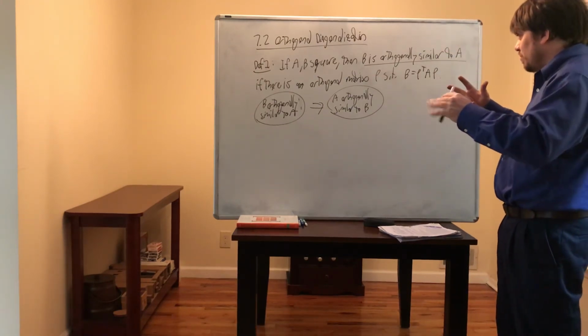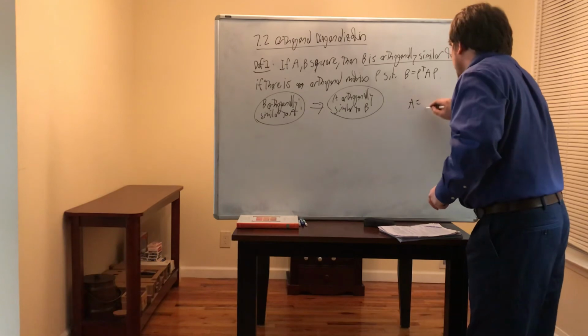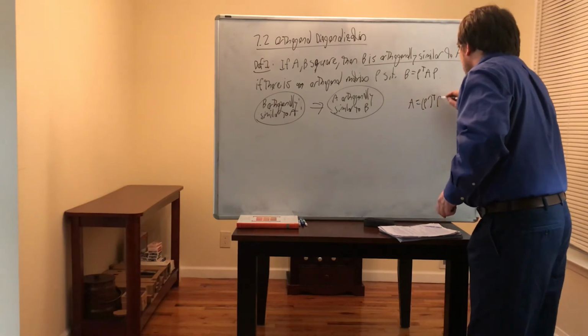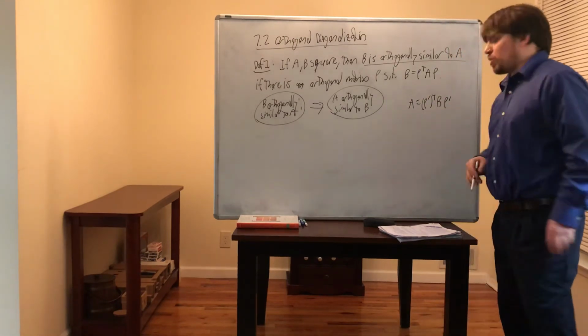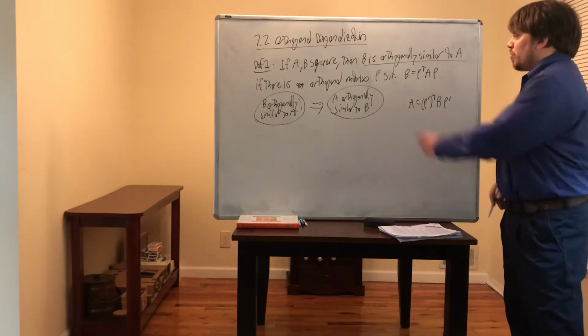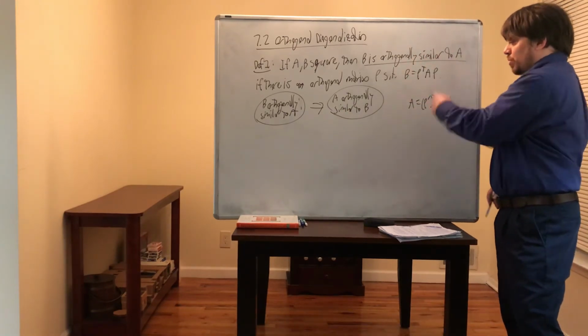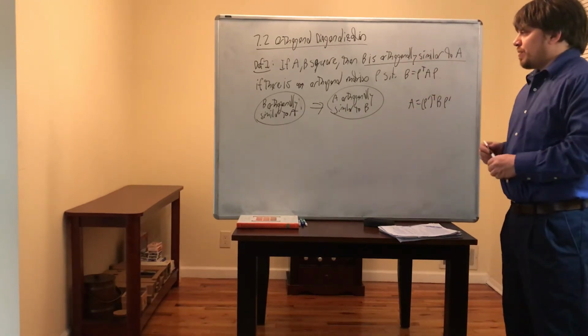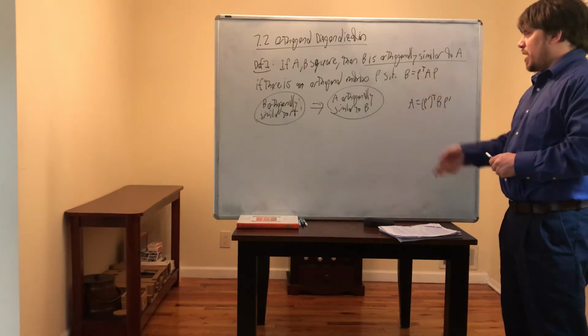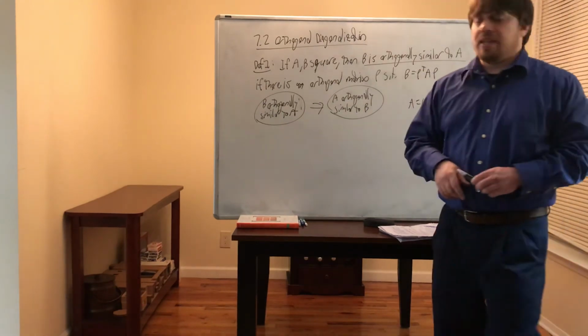All right. So being able to write this equation means you could also write this one. And so if B is orthogonally similar to A, then A is orthogonally similar to B.